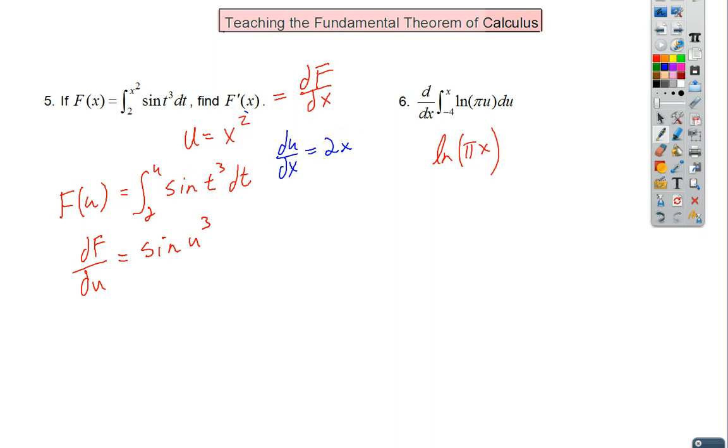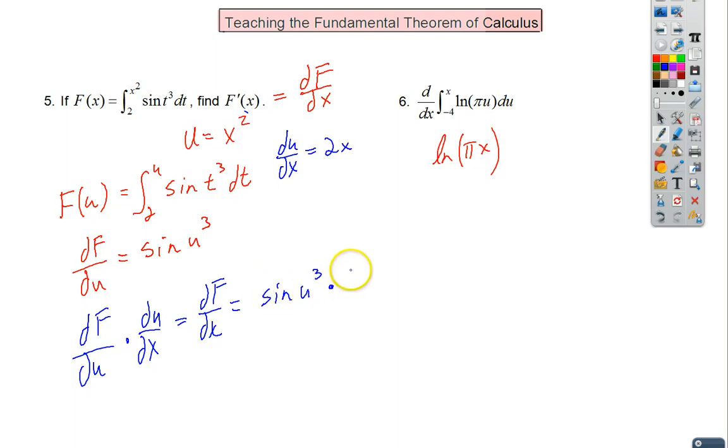Then I can multiply df over du times du over dx, and I'll get df with respect to x, and that's going to equal sine u cubed times 2x.